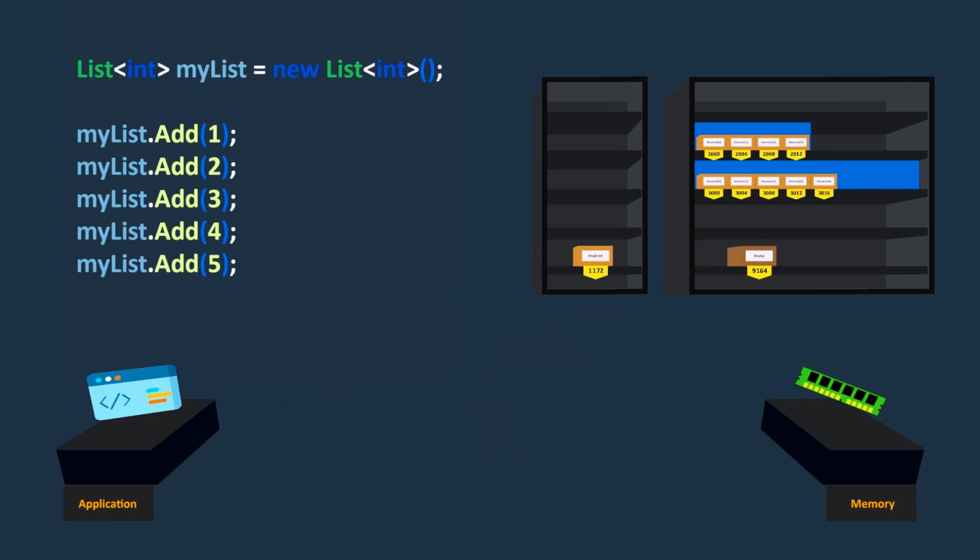This process continues as more elements are added using the same approach. It's worth noting that the old array will eventually be cleaned up by the CLR. This is how lists store elements in memory. And as you can see, they utilize an array to organize the elements in a linear manner.